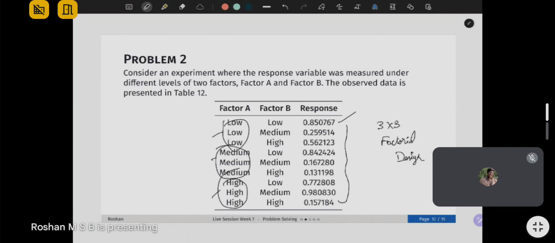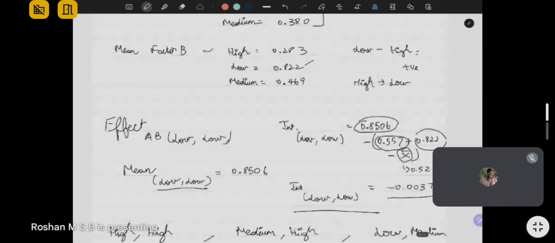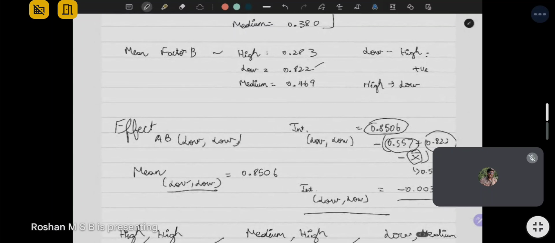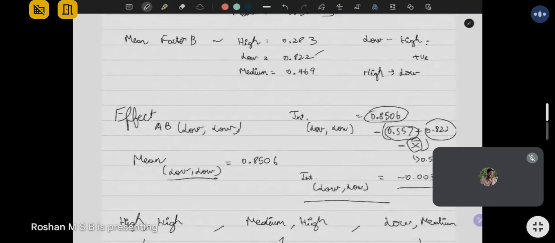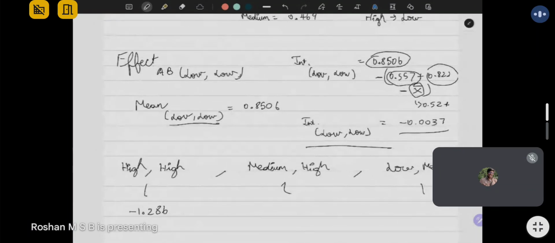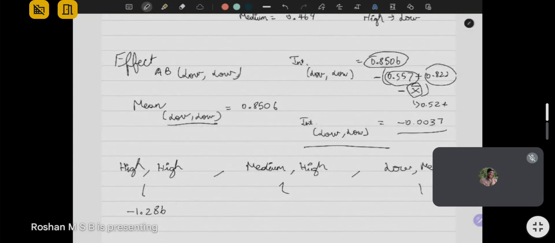0.113198. But what do we subtract it with? Subtracted with factor A medium 0.380, factor B high, that is 0.283, and the overall mean, that is 0.524, that you have to subtract.